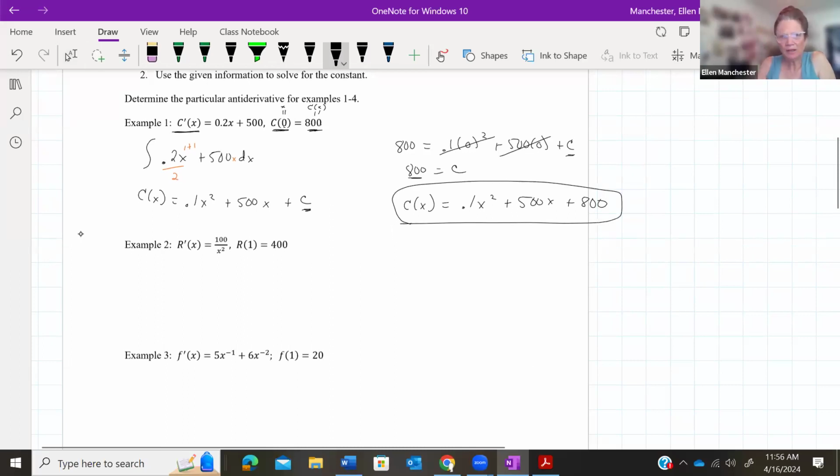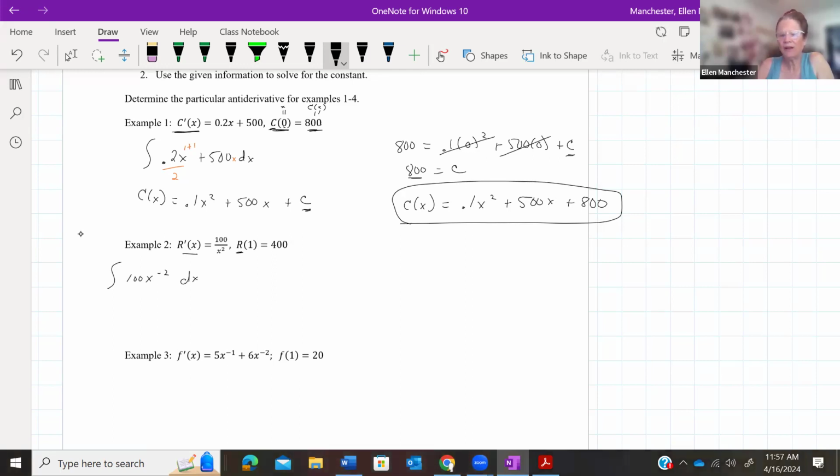Okay, so same thing here. They're giving us the derivative. They're asking us to find the revenue. So they're giving us marginal revenue. We're looking for the actual revenue function. All right, so this right here kind of tells you what you're looking for. We had to find the cost, we have to find the revenue. So we're going to find the antiderivative, and I'm going to rewrite this because I can't have that exponent on the bottom. So when you move it to the top, remember it changes the sign.